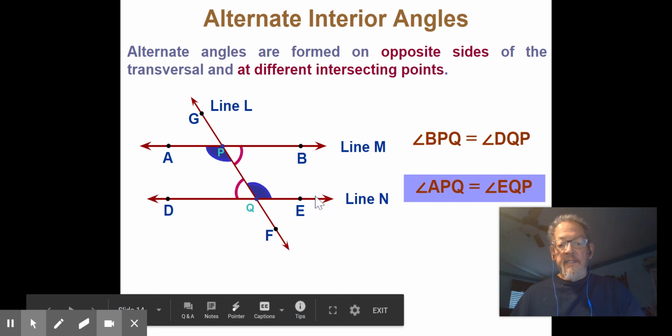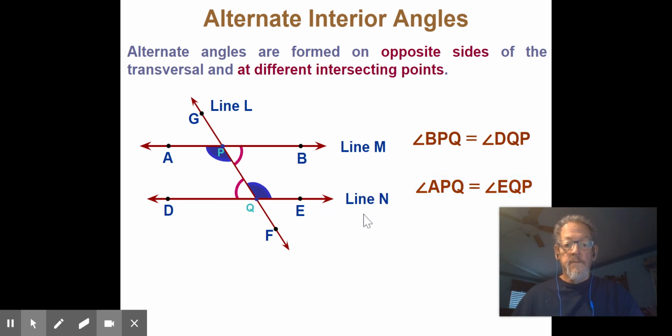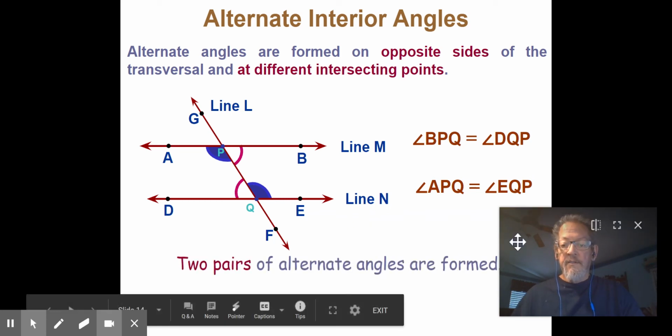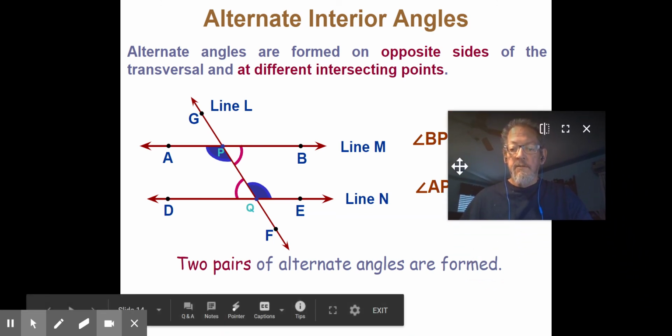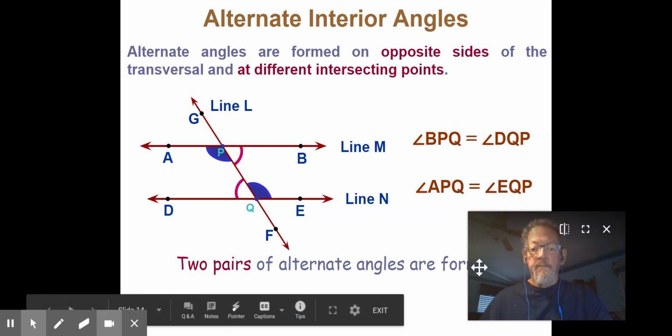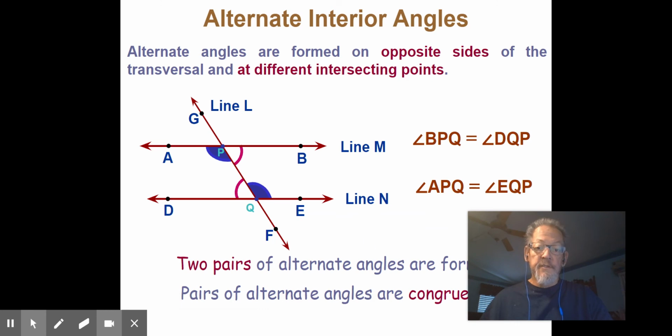And these are alternate interior, they're congruent. Two pairs of alternate angles are formed. Pairs of alternate angles are congruent.